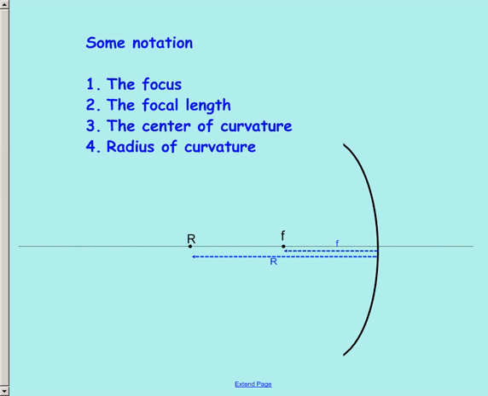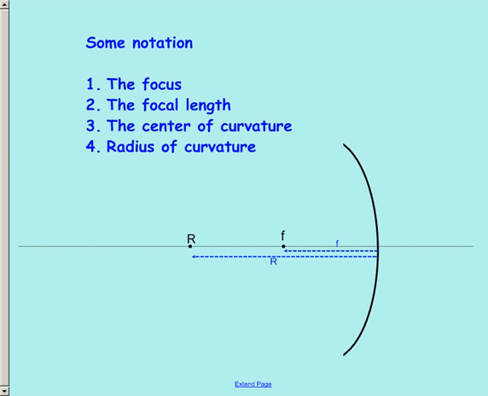Now the focus is little f. Here's where you need to be careful. We also have used frequency of a wave to be little f. Okay? When you see images and mirrors and stuff like that, f usually means the focus or the focal length. Okay, so the point is f, but the distance from the mirror out to f is also labeled f, and it's the focal length.